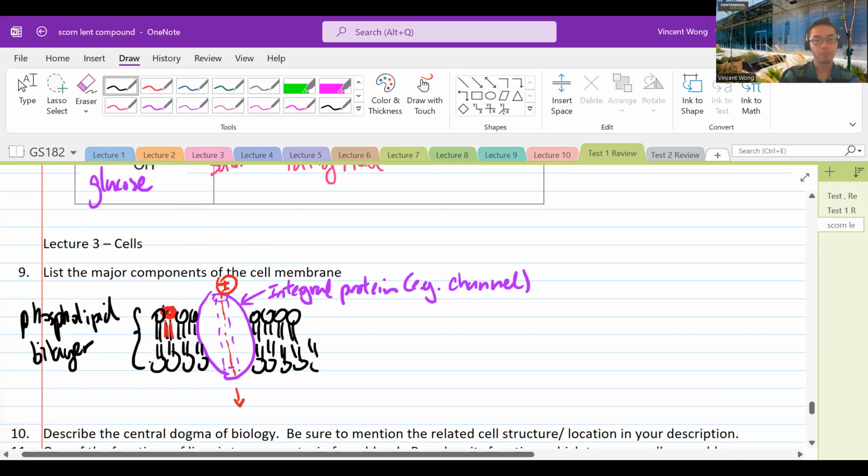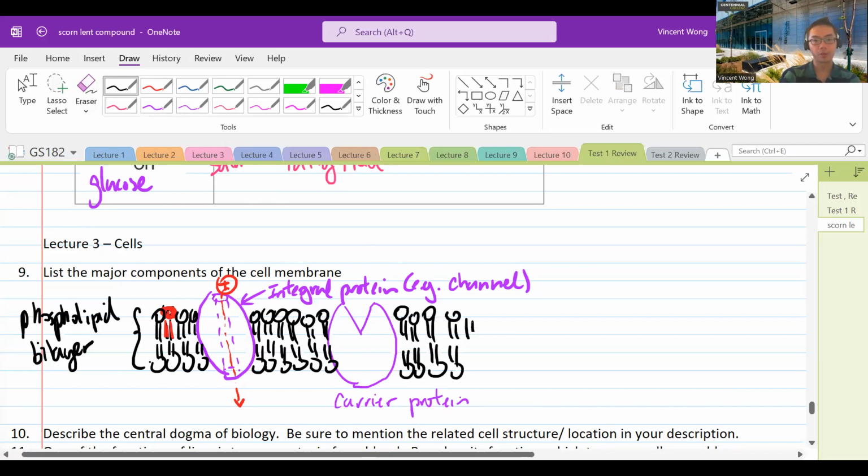I'm just going to draw a few more of these things. And then another example of integral protein is you might have a carrier protein, right? Okay, so it will grab onto something and then change shape so that it opens on the inside and moves the object across. Now, not all membrane proteins are going to be integral proteins.